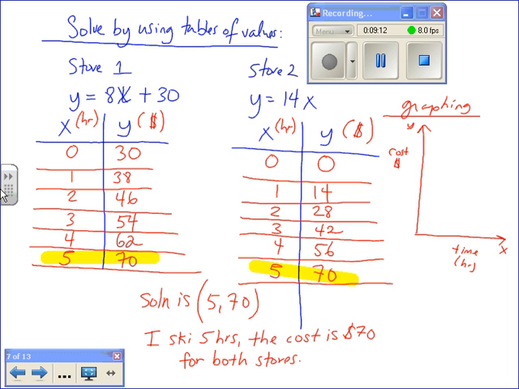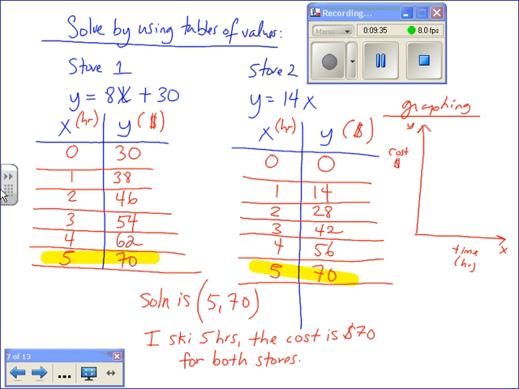And you could have graphed it using a table of values and then graphing both lines. Or we could have used the y-intercept and then used the slope to find the next points on the lines. Okay, so there's more than one way that we could have graphed it, but if we did graph them, we would be looking for the point where they crossed, and they would cross at (5, 70).